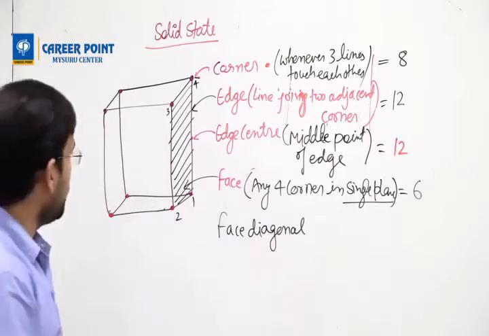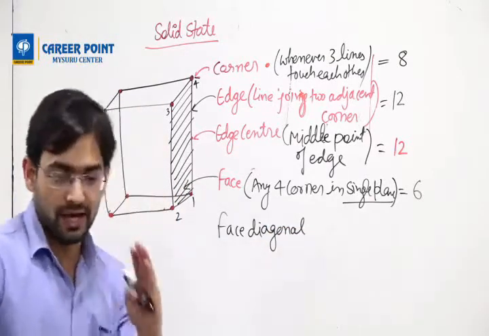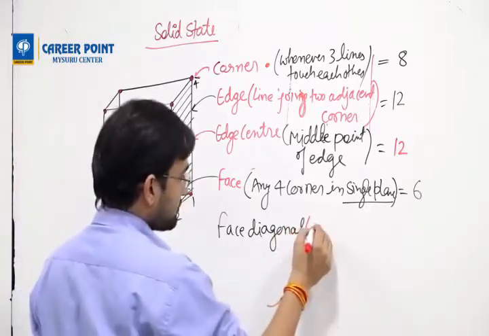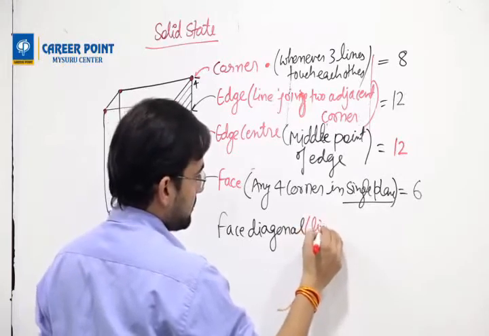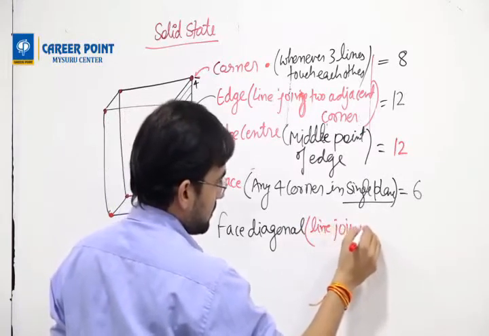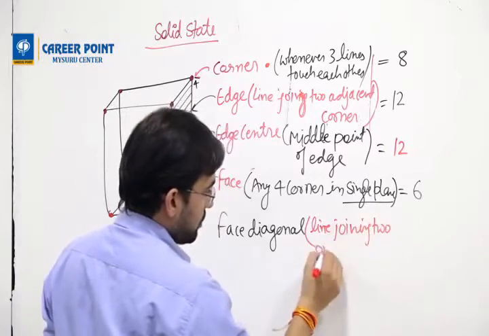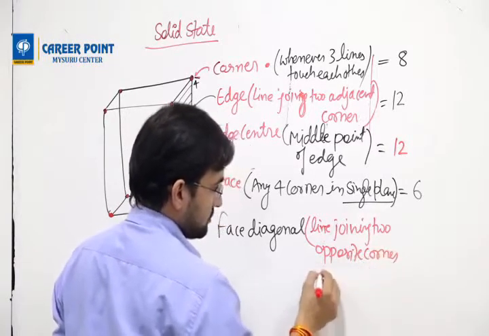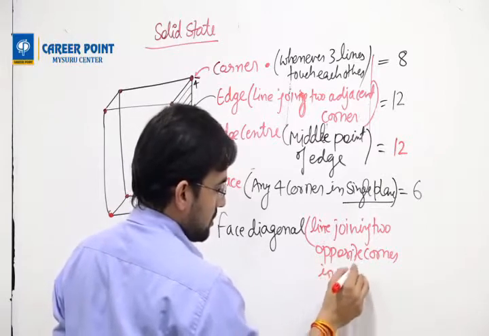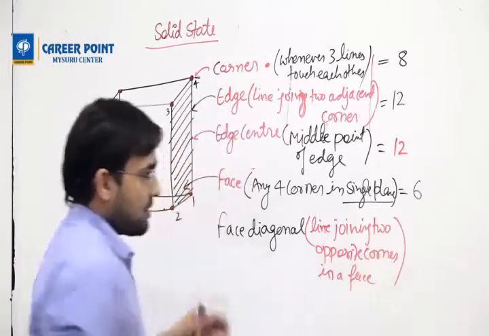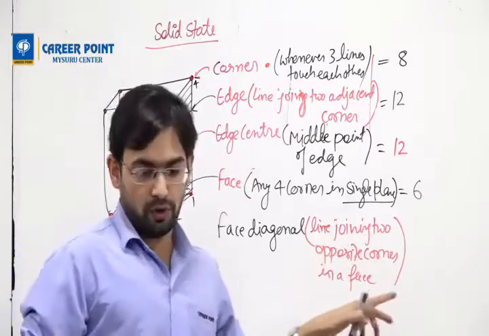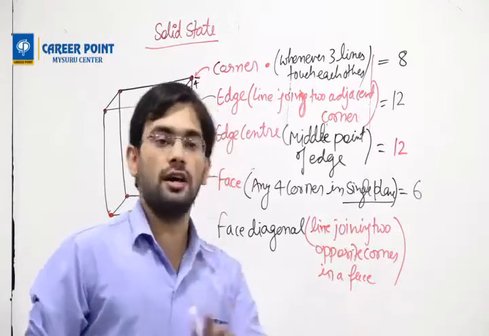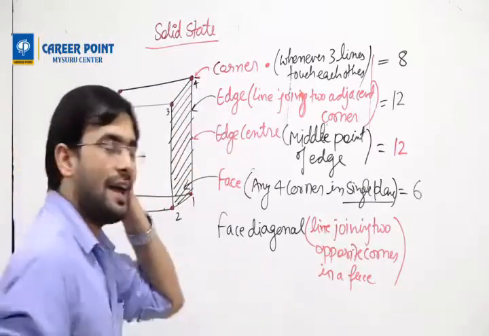Face diagonal. Once I have selected a face, our definition is: a line joining two opposite corners in a face is known as a face diagonal.